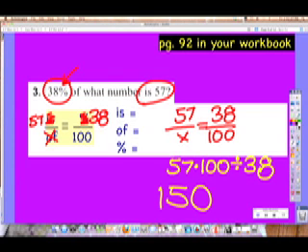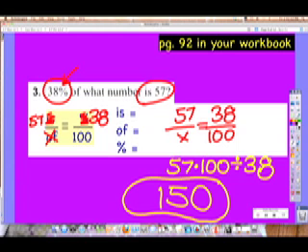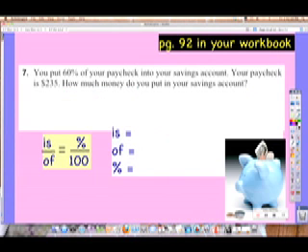Okay. Cute piggy bank picture. Okay, you really gotta think about this one before you start going crazy thinking about it. We can still use the percent proportion. Hint, hint, hint. Where does the 60 go? Percent. So right here. Here's the tricky part. What this problem is saying is you get paid and your paycheck is $235.